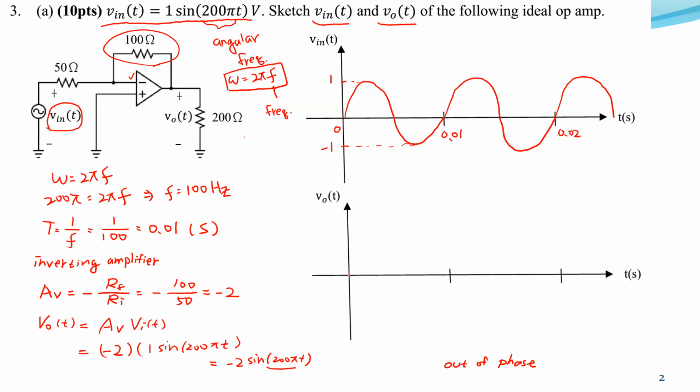So since this is out of phase, we have this. They have the same frequency, which means they have the same period. But right now it becomes out of phase. So 1 becomes 2.